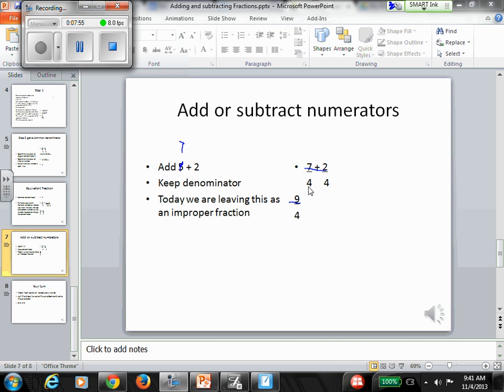We always keep the denominator the exact same. So we just write our 4. So the answer to this addition problem is 9/4. Today, we're going to leave this as an improper fraction. Tomorrow, we're going to practice turning them back into mixed numbers with our calculator.